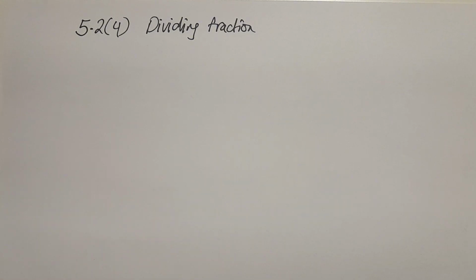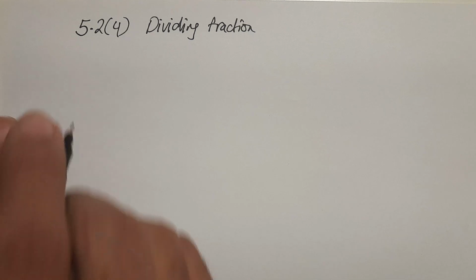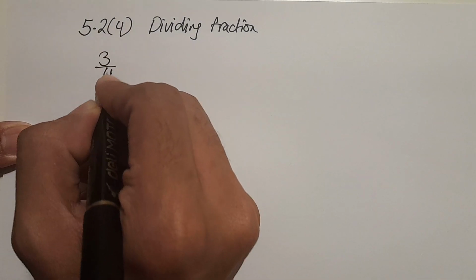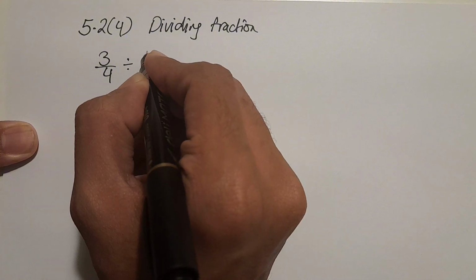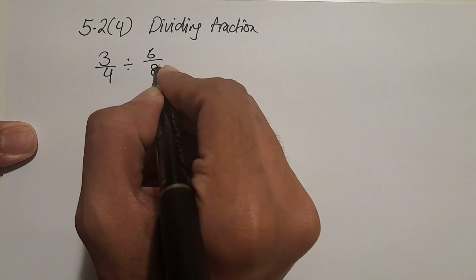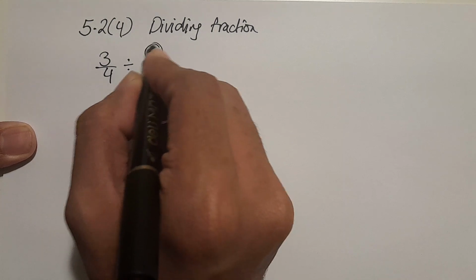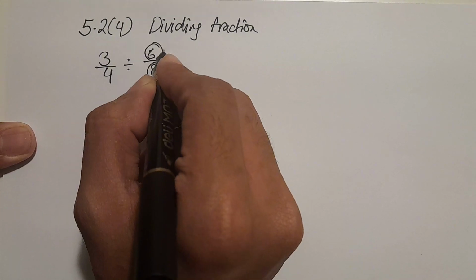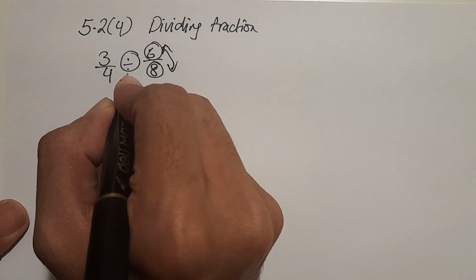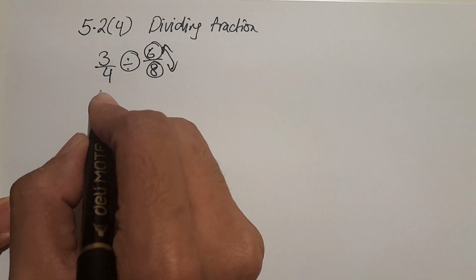understood. The reciprocal of any fraction can be obtained by swapping the numerator and denominator of the fraction. So for example, if we have 3 over 4 divided by 6 over 8, this means that the numbers 6 and 8 will be switched, and the division will be converted into a multiplication sign.